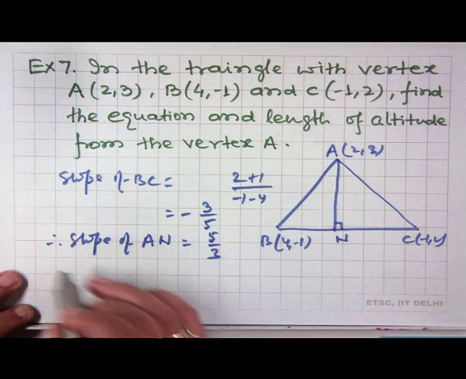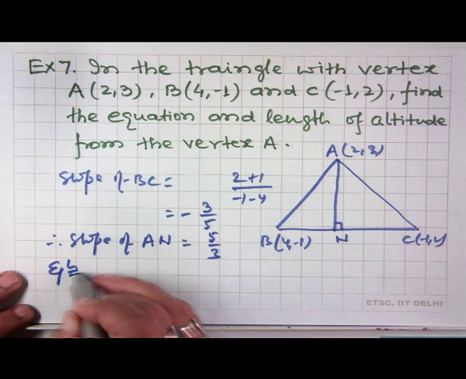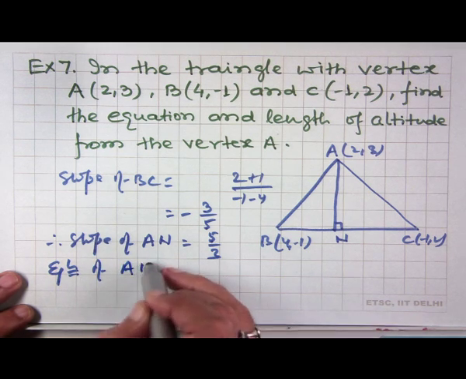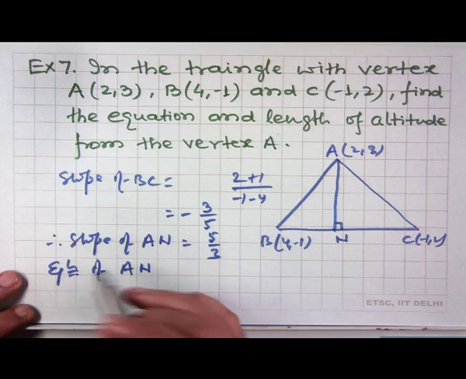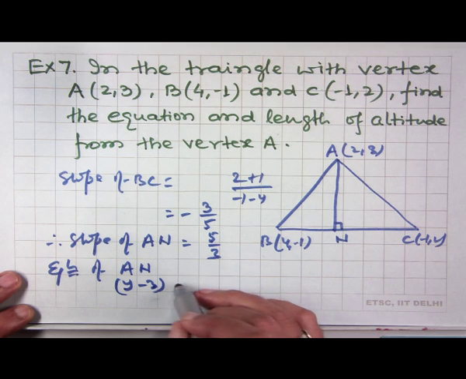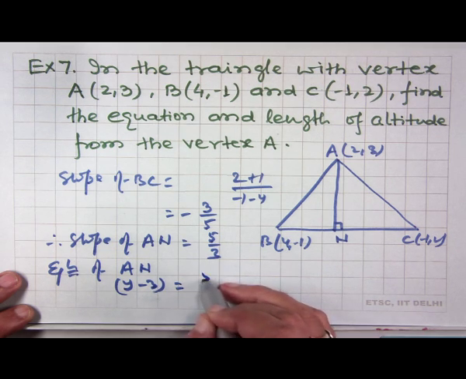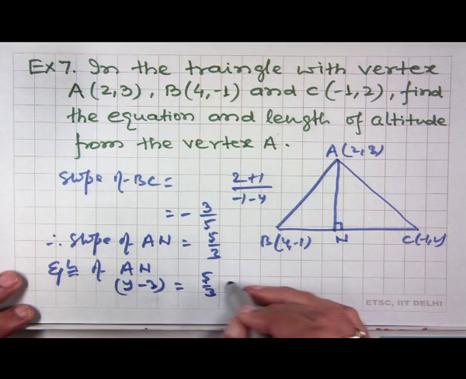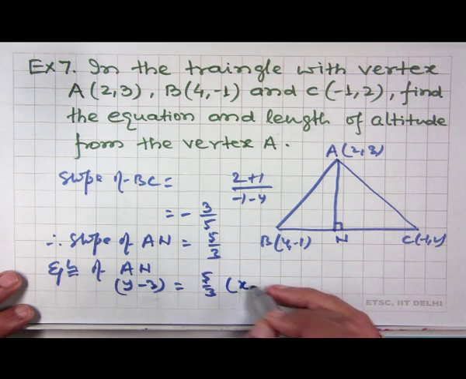So the equation of AN is y − 3 equal to 5/3 (x − 2).